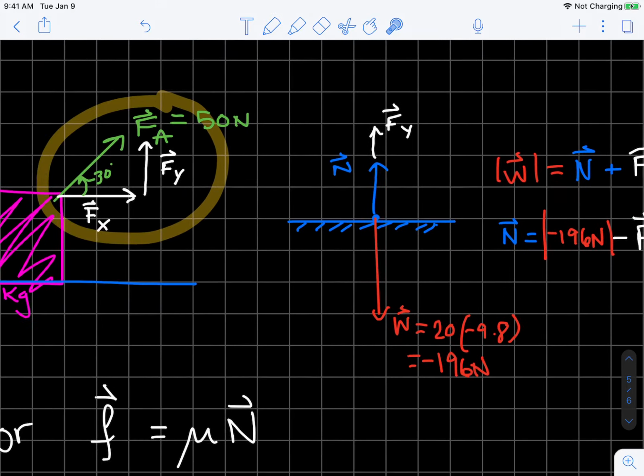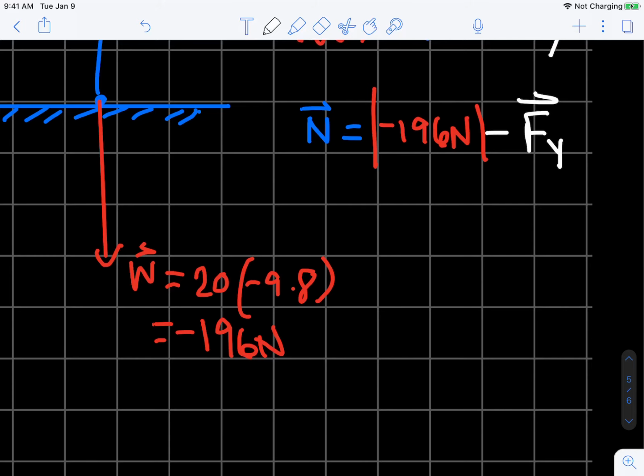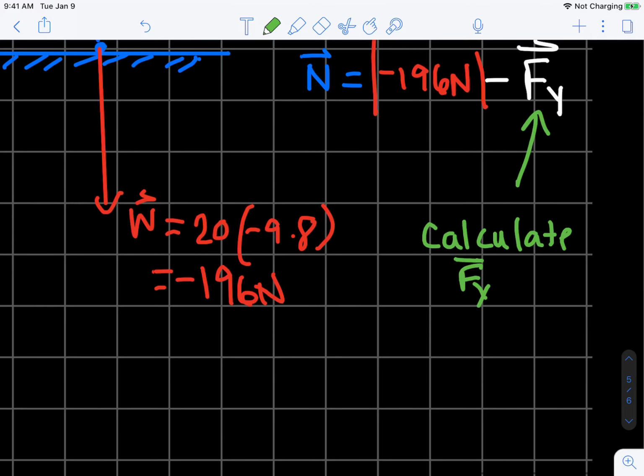Well, let's go back to our picture that we drew off to the side. Notice right here, we have a triangle. So I'm going to go ahead and take that triangle out, and I'm going to redraw it. So we want to find Fy. So here's our triangle. We've got an applied force of 50 newtons. We've got an Fx component, which I'm not worried about right now.